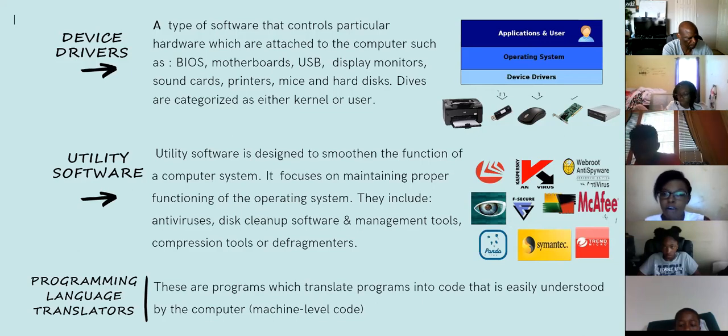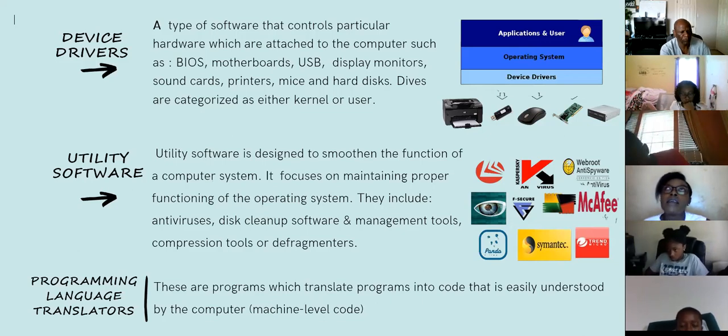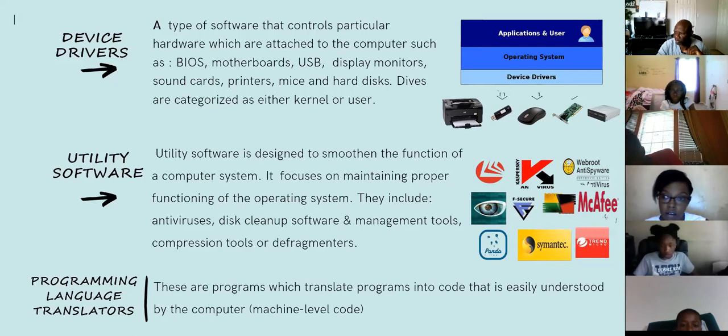Then we have programming language translators. These are types of software, some known as compilers and interpreters. When you write in a programming language, like Python, something needs to translate that language, because, remember we said the computer only understands zeros and ones.